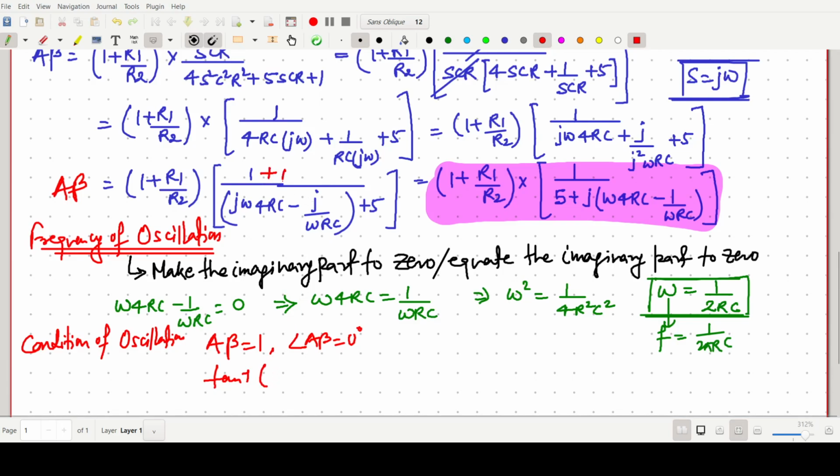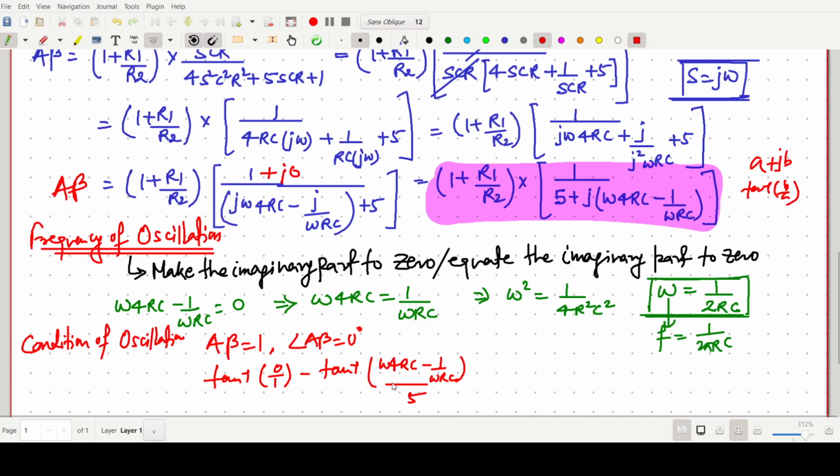1 plus j0 we can write in the upper section, in the numerator. So 0 by 1, minus tan inverse of the j section. The tan inverse means if something is A plus jB, it should be tan inverse B by A. That same thing I am doing. Then we can write tan inverse omega 4 RC minus 1 by omega RC, by 5.